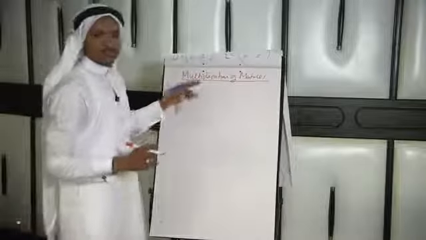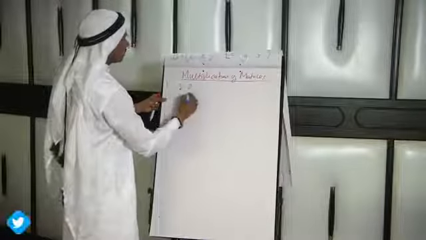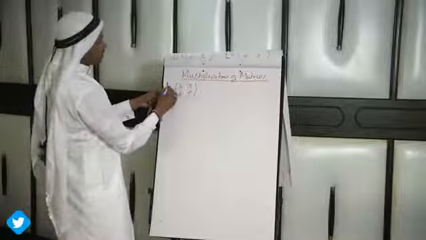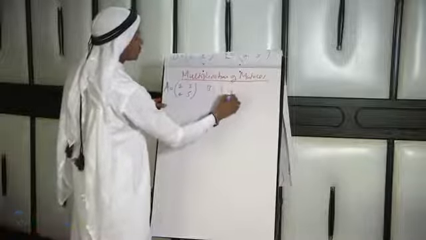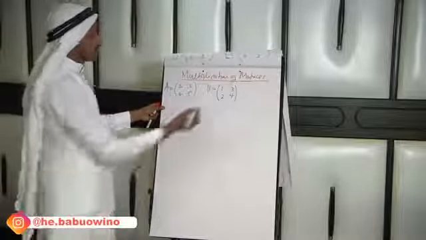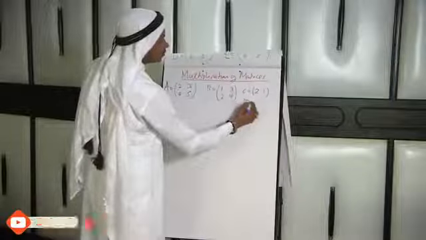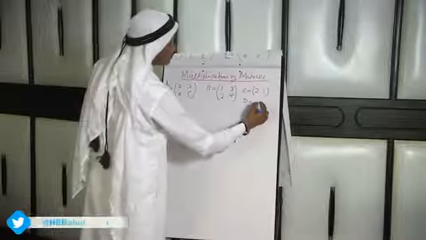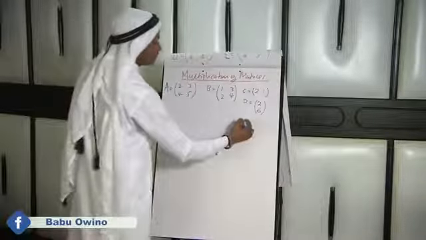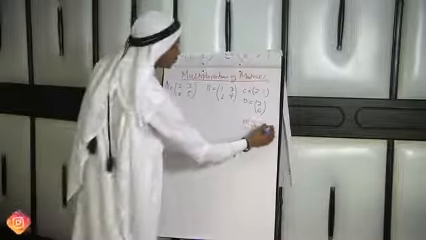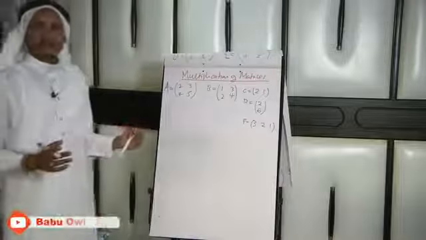If we write various types of the order of matrices, suppose we have A equals 2, 4, 3, 5, then B equals 1, 2, 3, 4, then let's say we have C equals 2, 1, D equals 2, 6, and F equals 3, 2, 1. Let's have that example.